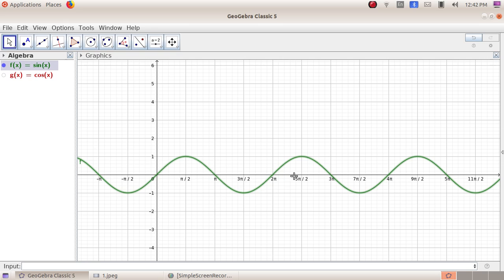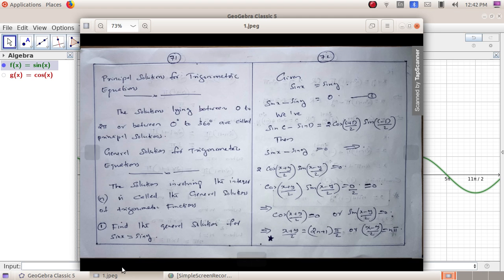Okay, and then at π, sin π is equal to 0. So sin 0 equal to 0, sin π equal to 0, sin 2π equal to 0, sin 3π equal to 0, sin 4π equal to 0, and so on. Generally, sin nπ equal to 0, where n is an integer.